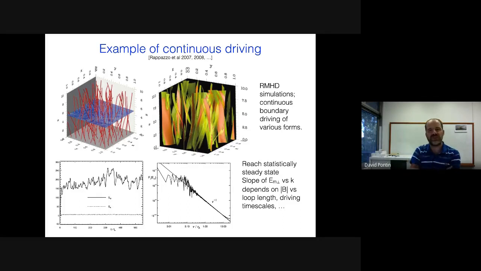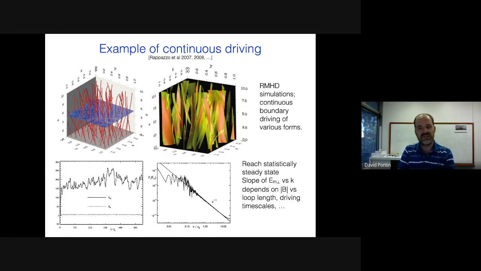First of all, there's a series of simulations by Rappazzo et al., where they drive the simulation domain continuously from the boundaries in geometry like Parker's. We see the field lines there in the top left panel. So the top and bottom boundaries in Z are continuously driven in these simulations. They solve the reduced MHD equations, and they've looked at various different forms of the driving.